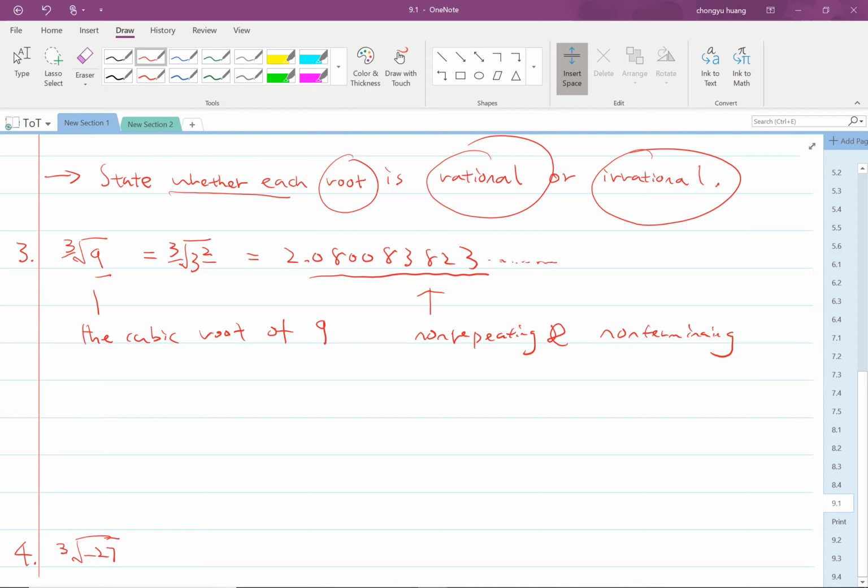So that means this is an irrational number.